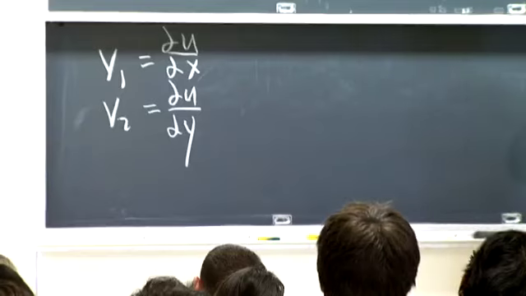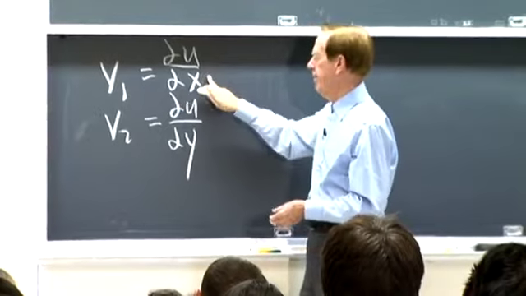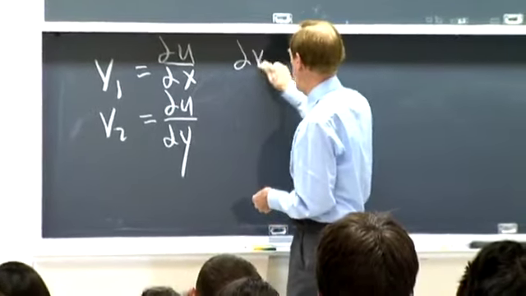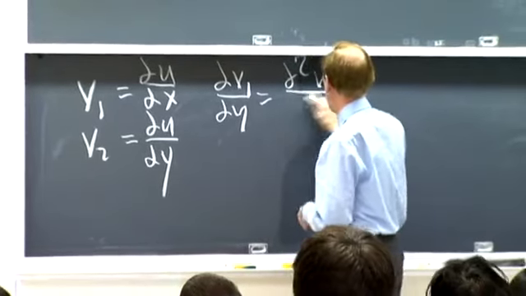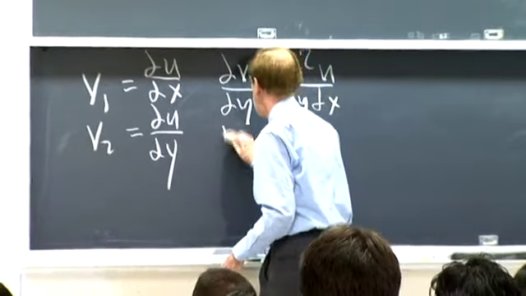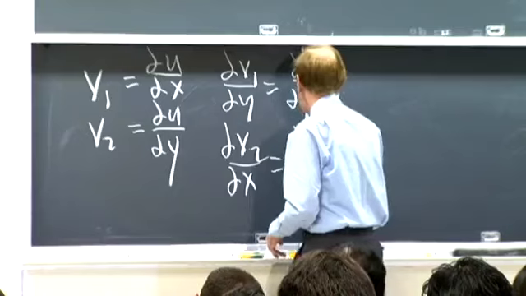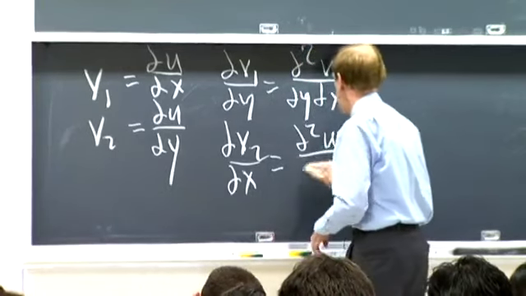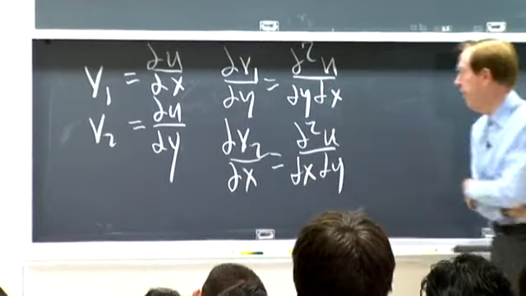Okay, the key idea is to take the y derivative of that equation, d second u dy dx, and take the x derivative of this equation, dv2 dx, which is the second derivative of u with respect to x of the y derivative.